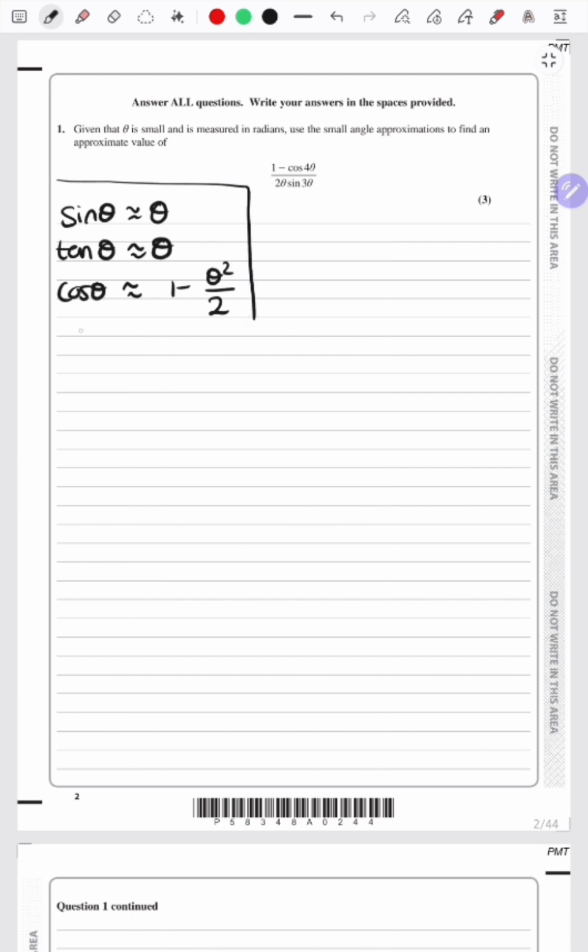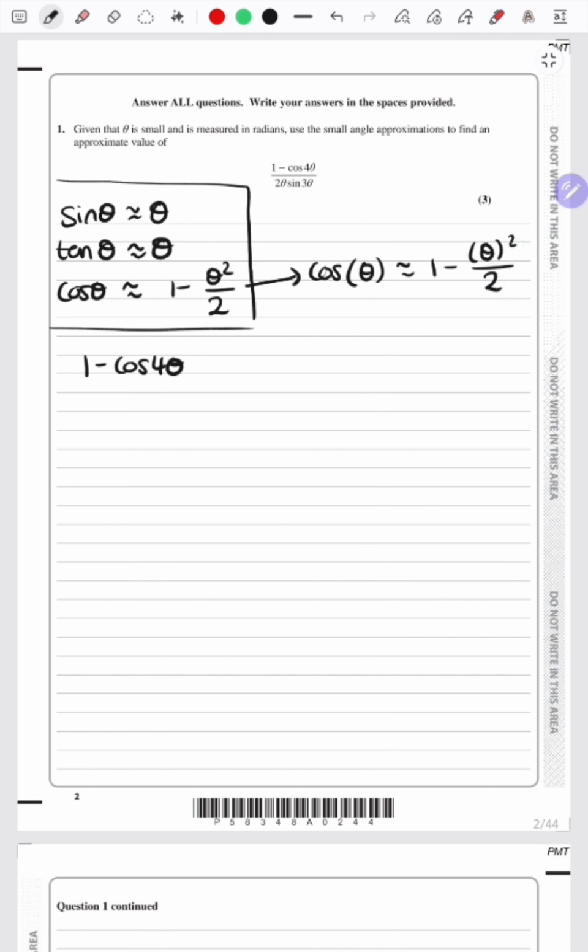So now that we have these approximations, we can go about tackling the question. So let's start off with applying this to the numerator. We have 1 minus cos 4 theta. Now something you need to remember, and where a lot of students make mistakes, is when substituting here, we need to remember that this is actually cos of a bracket theta, which is approximately equal to 1 minus, bracket, theta squared over 2.